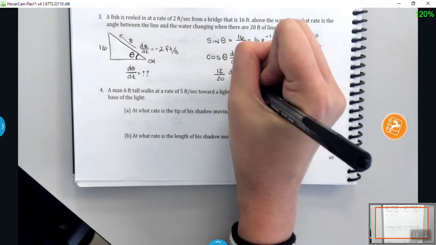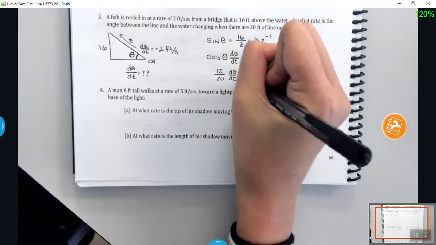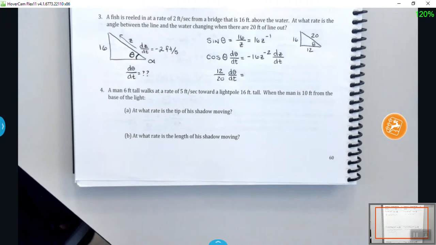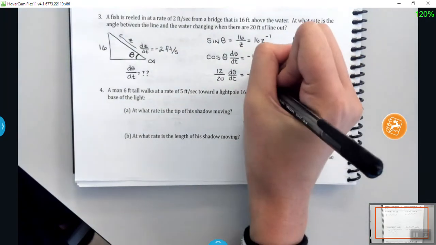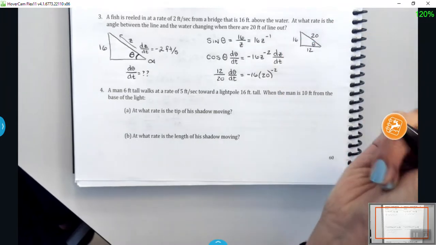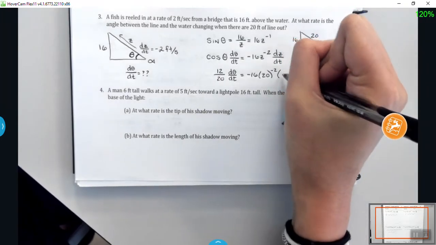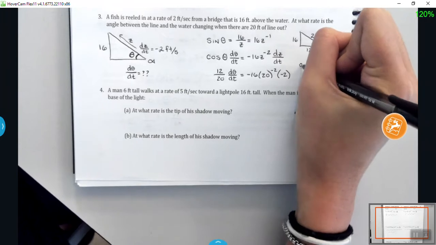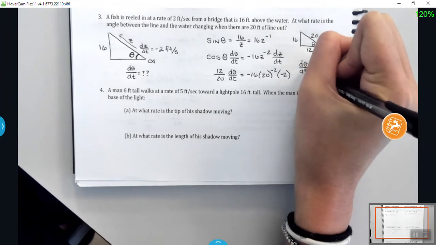d theta/dt equals, z was 20, so -16 times 20 to the -2, and dz/dt is -2. So we can figure out d theta/dt.